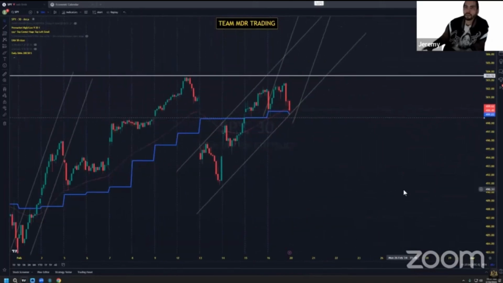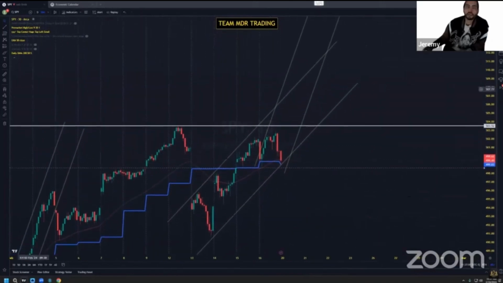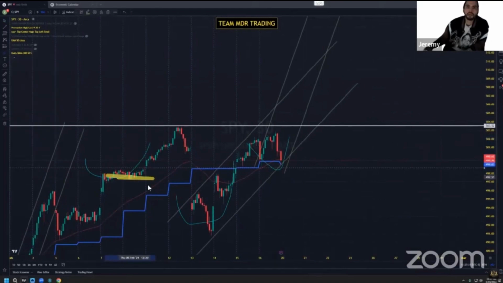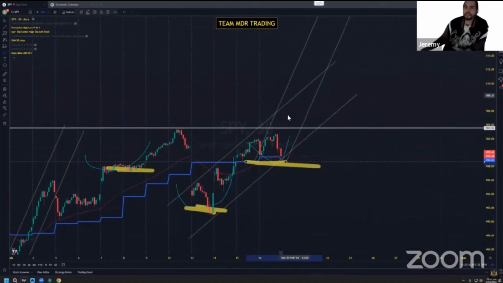Okay, so yeah, this is what I see for the bullish scenario. Head and shoulders. Left shoulder, head, right shoulder, right off of the 5-day.